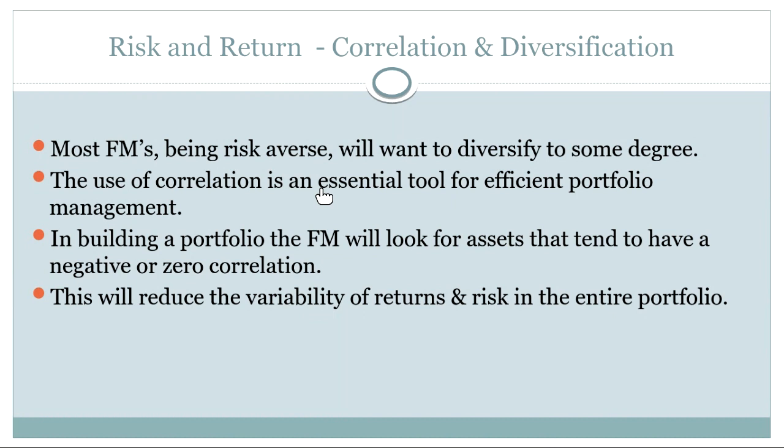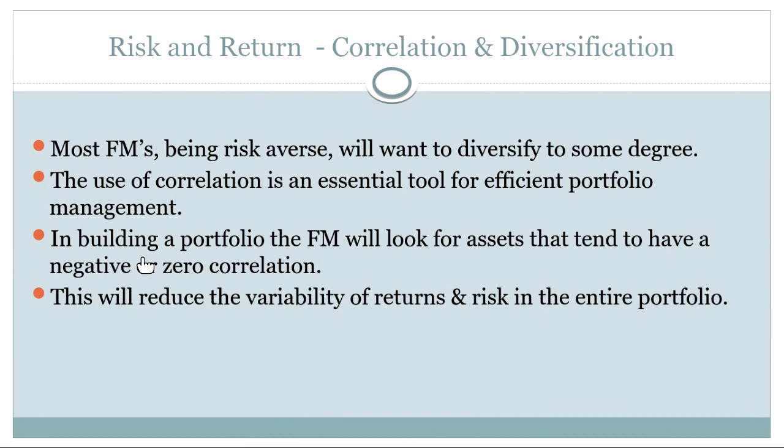So remember we said that in terms of risk, a financial manager can be risk-taking, risk-neutral, or risk-averse. So most financial managers are risk-averse, and so they will want to diversify to a degree at least. So this is why the use of correlation is an essential tool for a financial manager to efficiently manage the portfolio of assets that they are managing on behalf of the company that they work for.